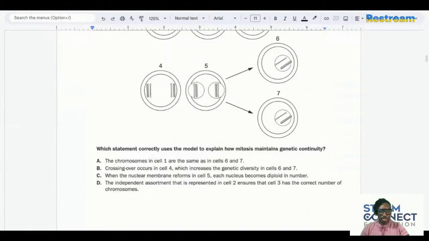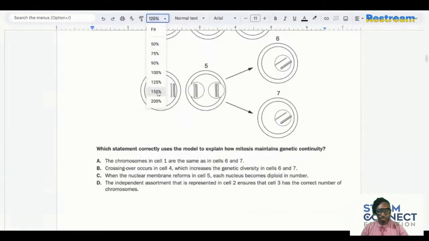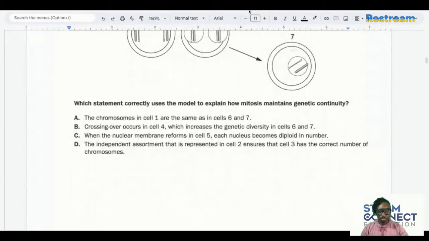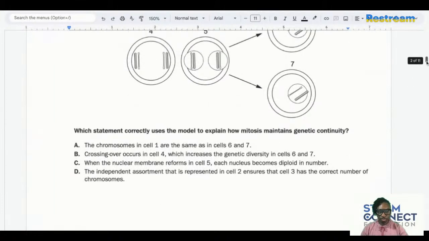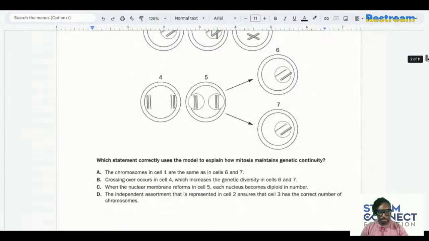How does mitosis do that? A, B, C, or D? Let me make that smaller again, so just in case you need to see the image, you can.